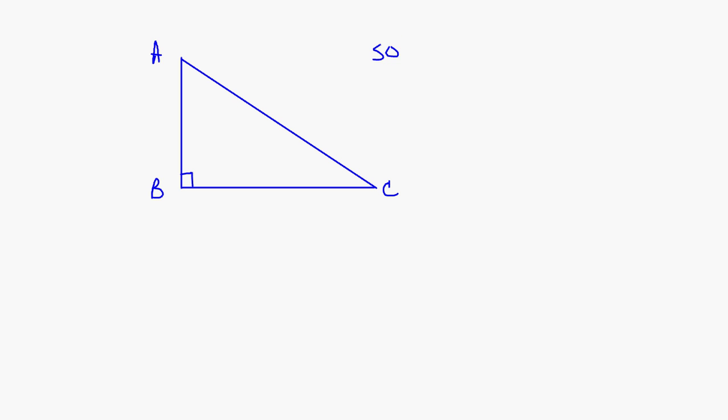All right, let's do one more of these. Triangle ABC. Side AB is 2 square root of 2.